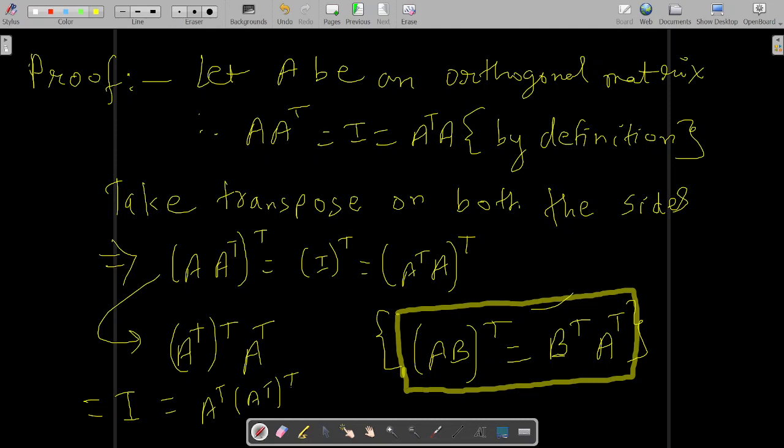Now look at this expression very carefully, which I am highlighting with the laser. I am going to write it on the next screen also.